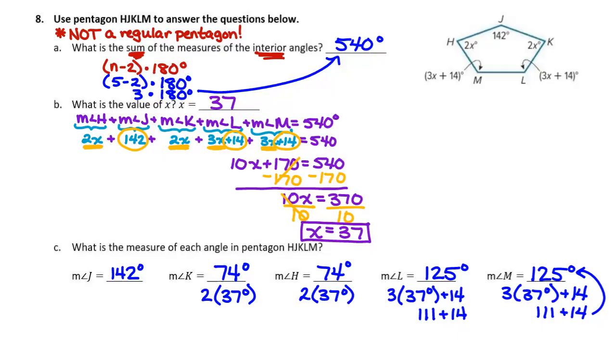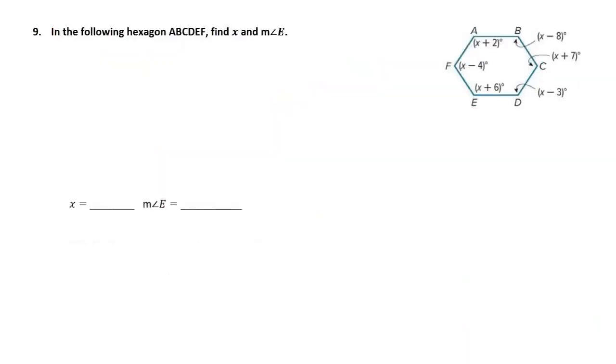Number 9. So it's not chunked out the same way, but you're going to have to find the sum first so you know what to set it equal to. And then you'll add up all the angles and set it equal to the sum.